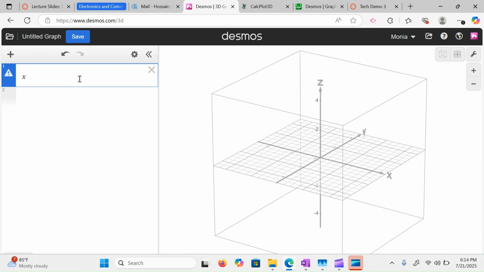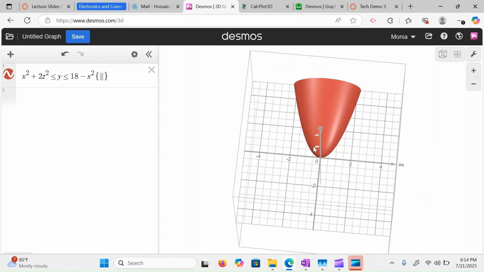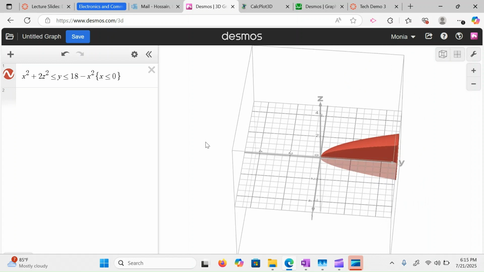So you can go ahead and plot it in Desmos. 2z squared equal to y, equal to 18 minus x squared, and to cut this in the x axis region, we will do curly brackets x less than or equal to 0, which will only restrict this curved shape to the left half of the 3D space. So this is our final solid.